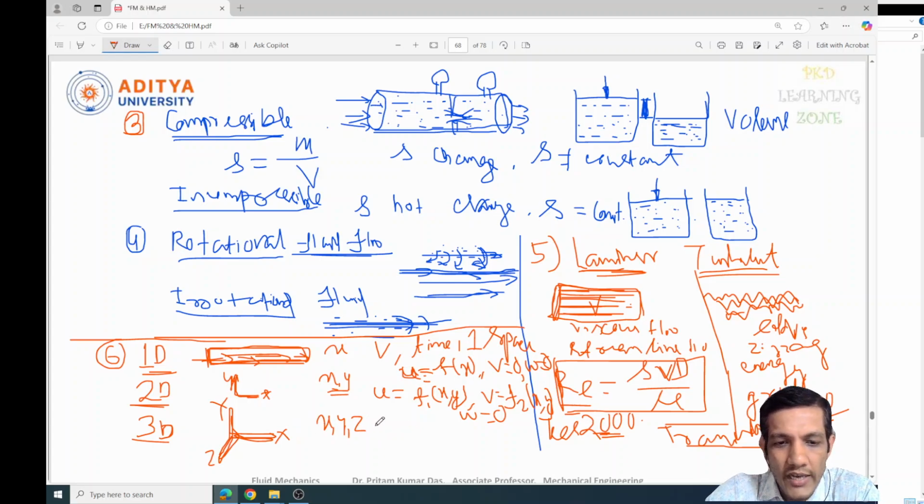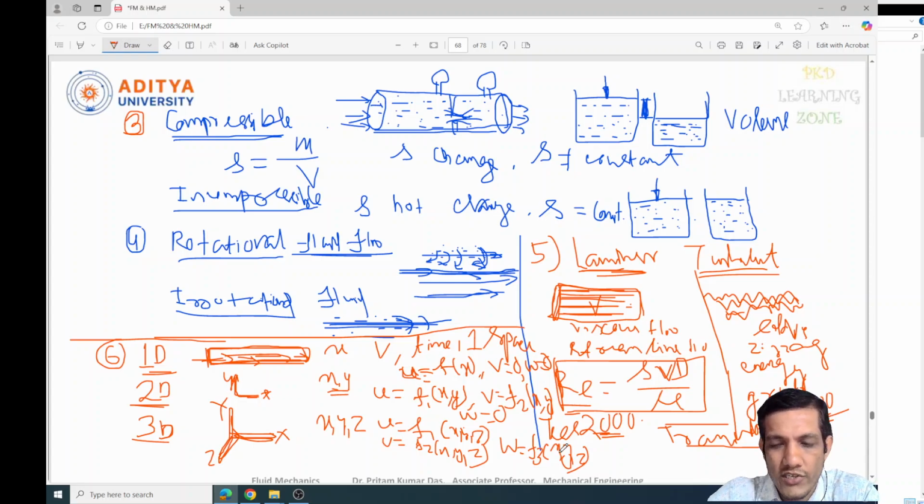Here we can write u equal to, similarly as I wrote there, f1 of x, y, z. U is a function of x, y, z, and v is a function of again f2 of x, y and z, and similarly w also we can write f3. I have just taken different function names, and here x, y, and z.